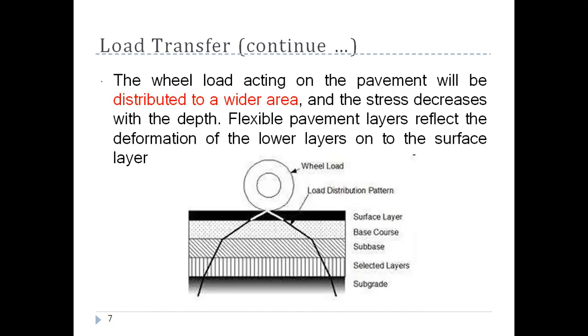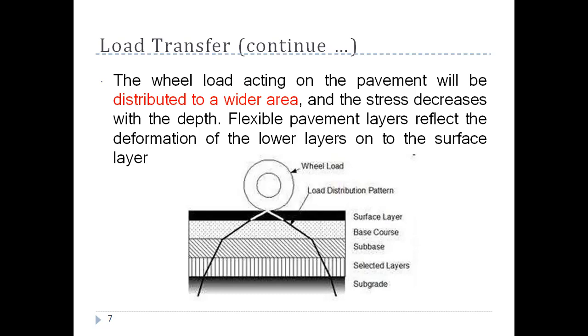Here, if a wheel load is applied on these pavements, look at the load distribution pattern. In the surface area, the load is high when compared to the base course, and the base course has a higher wheel load when compared to the subbase.